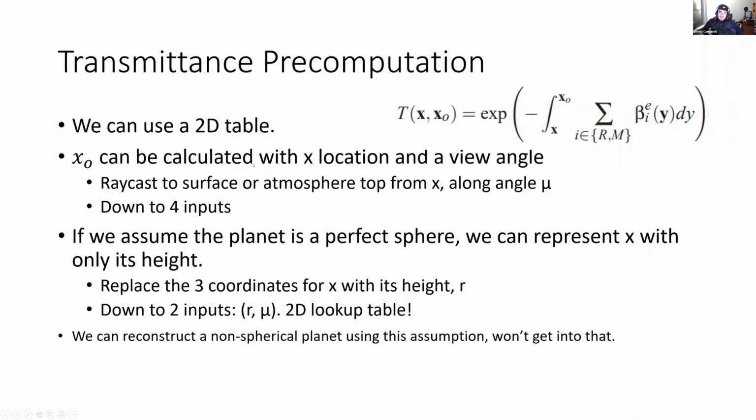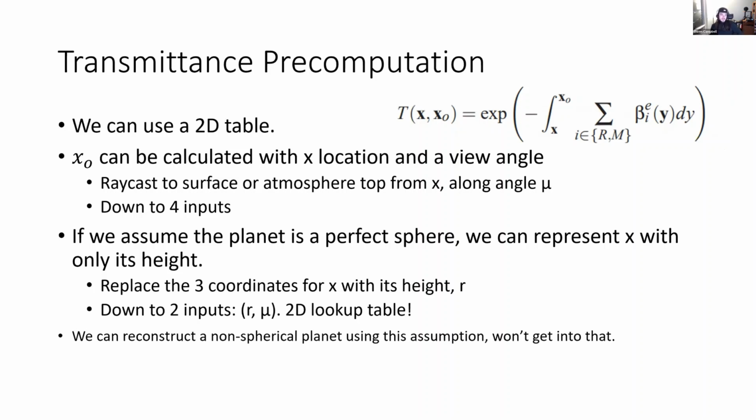So the key is to simplify the scenario here. This is something the paper goes into a lot of detail about, but essentially we're going to assume that this planet is a perfect sphere.